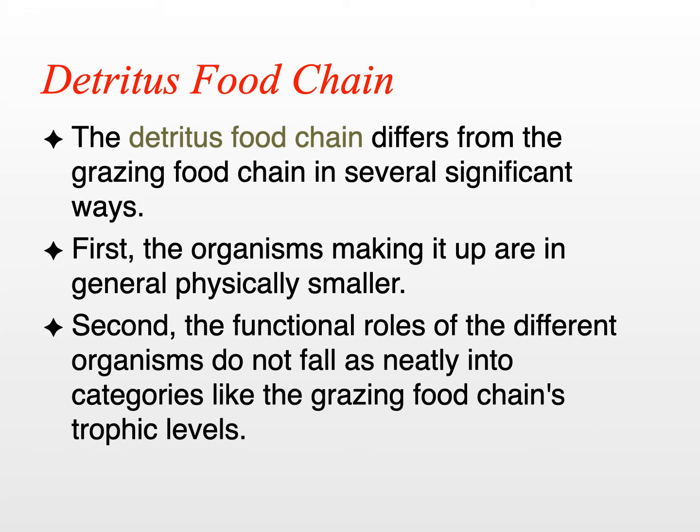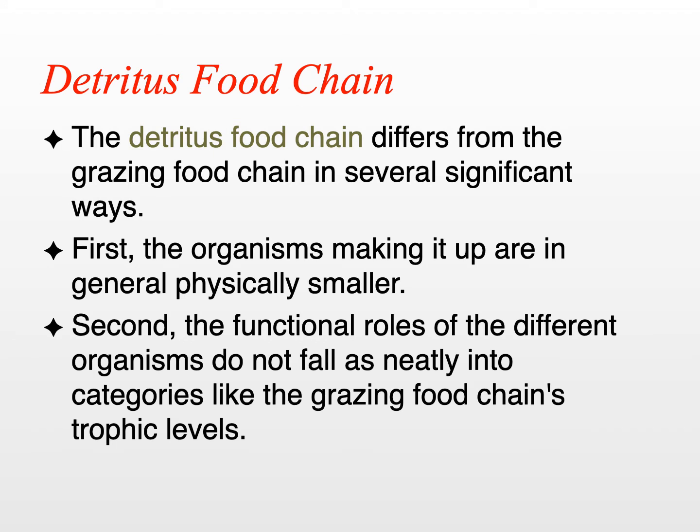And their organic matter is processed by the detritus food chain. The detritus food chain differs from the grazing food chain in several significant ways. First of all, the organisms making up this food chain are generally smaller in size. Most of them are single-cell organisms or small multicellular organisms. Bacteria and fungi are good examples.